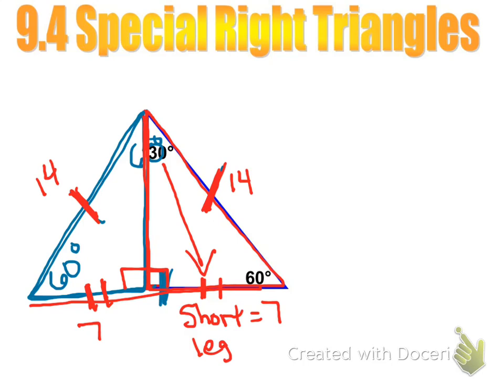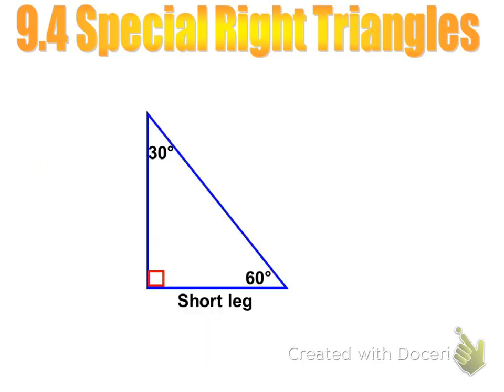So that brings us to the very first rule for our 30, 60, 90 triangle. In our 30, 60, 90 triangle, the side across from the 30-degree angle would be our short leg. The side across from our 60-degree angle would be our long leg. And the side across from our right angle would be our hypotenuse.